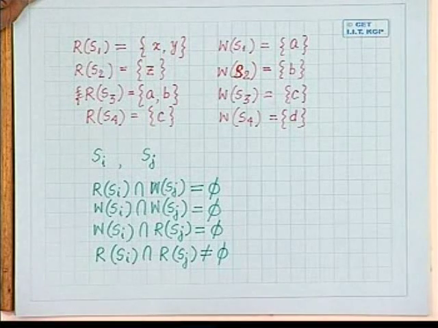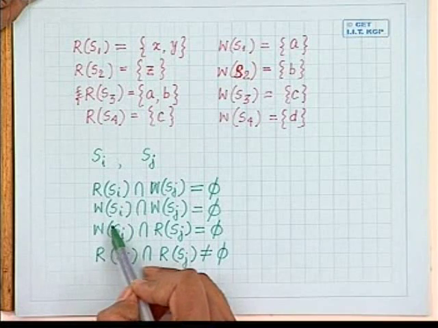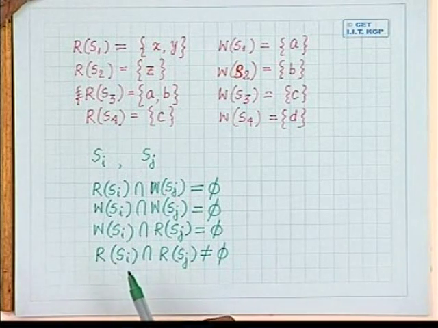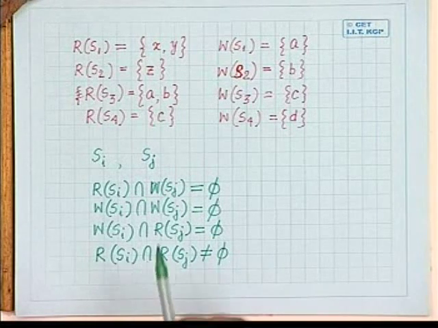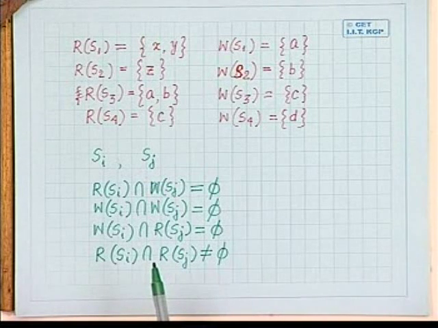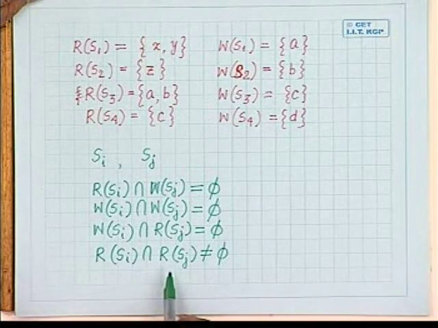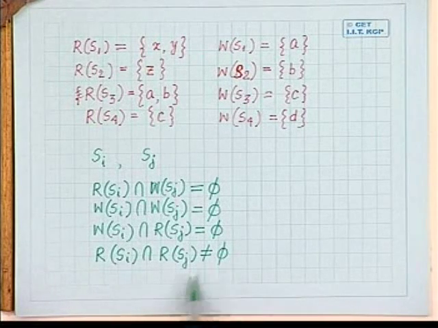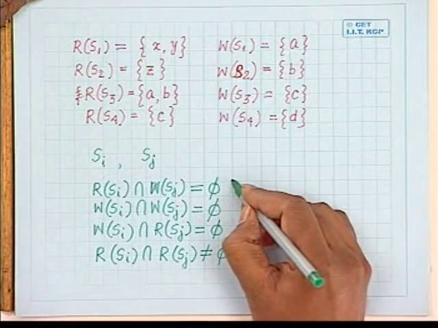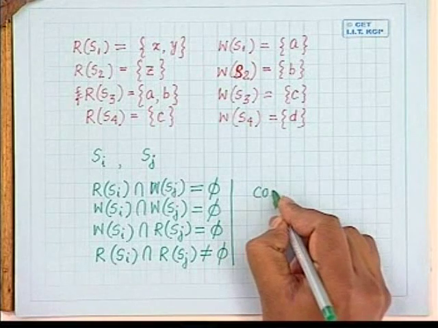So, I must have the condition that the write set of any statement should not intersect with the read set of the other statement, and the write set of any statement should not intersect with the write set of the other statement. However, if the read sets of the two statements intersect, this does not prevent us from executing S1 and S2 concurrently. So, this will be the concurrency condition.